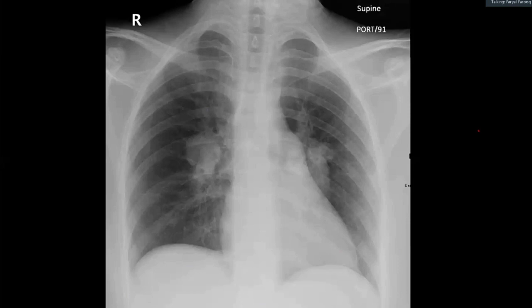I can see that both hila appear prominent, and I'm trying to see the vessels through them. The pulmonary arteries appear unremarkable. However, there is a prominence of the pulmonary conus on the left side. So based on this, I'm thinking of prominent pulmonary arteries on both sides.